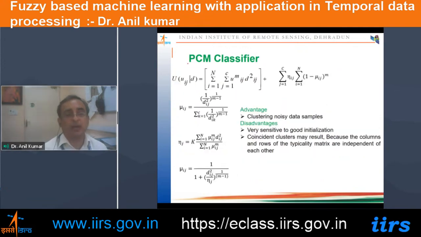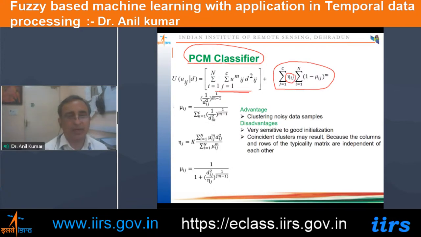Next one, a further modified version: Krishnapuram and Keller have given the possibilistic C-means algorithm, and its objective function has been modified. This is the FCM classifier objective function. A regularization factor is added in the FCM, and then it becomes the PCM classifier. Here you see one more extra parameter, eta, which controls the shape and size of the cluster.